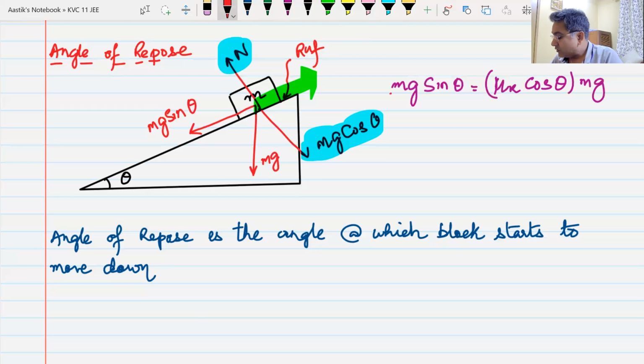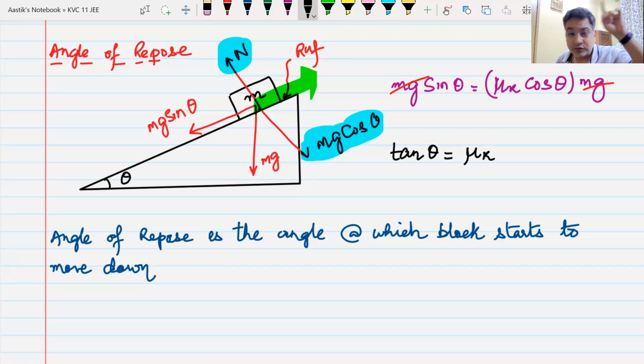This mg goes away, and you get the very famous result that tan theta of this angle of repose is nothing but equal to your mu k. And this mu k was again equal to your angle of repose. This is now angle of repose. Let me call it as theta r.